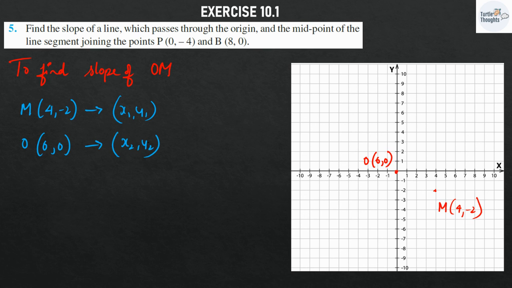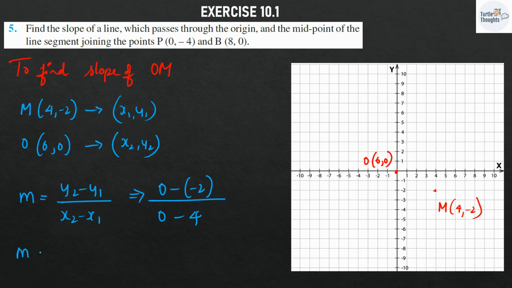Now I know that the slope of a line m is given by y2 minus y1 over x2 minus x1. So the slope of the line will be given by y2 minus y1, 0 minus of minus 2, whole divided by x2 minus x1, 0 minus 4.